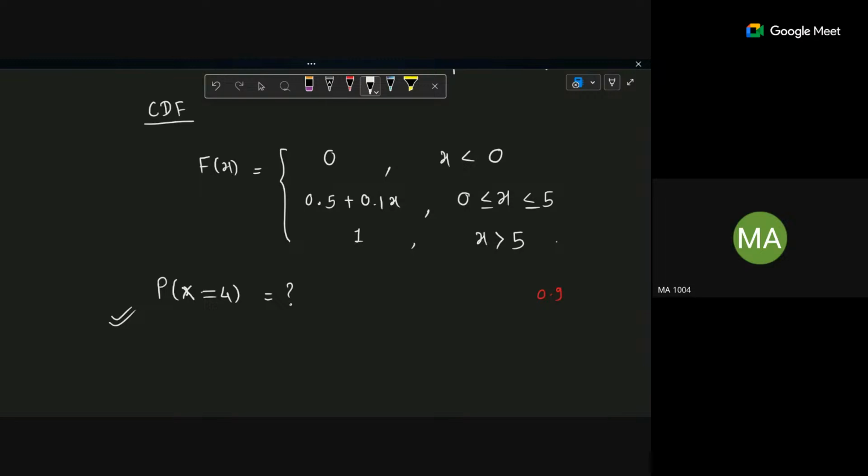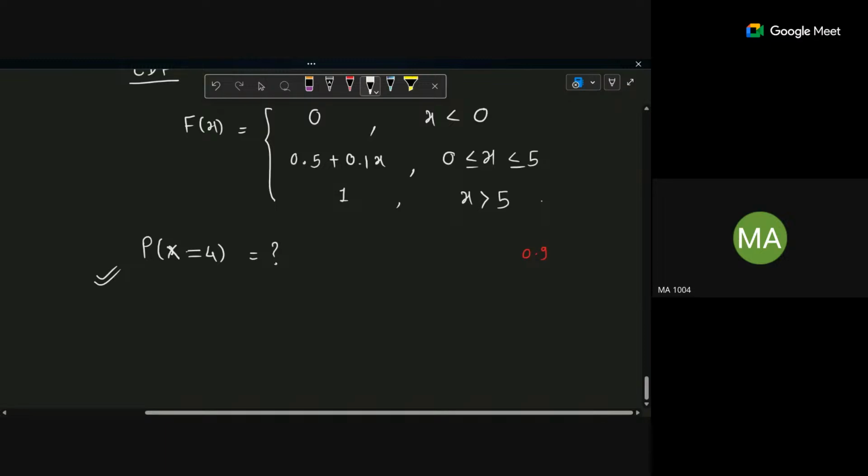I just give you a hint. You just try it. Just try to graph it, like plot it, how it looks like. It is a straight line, no?